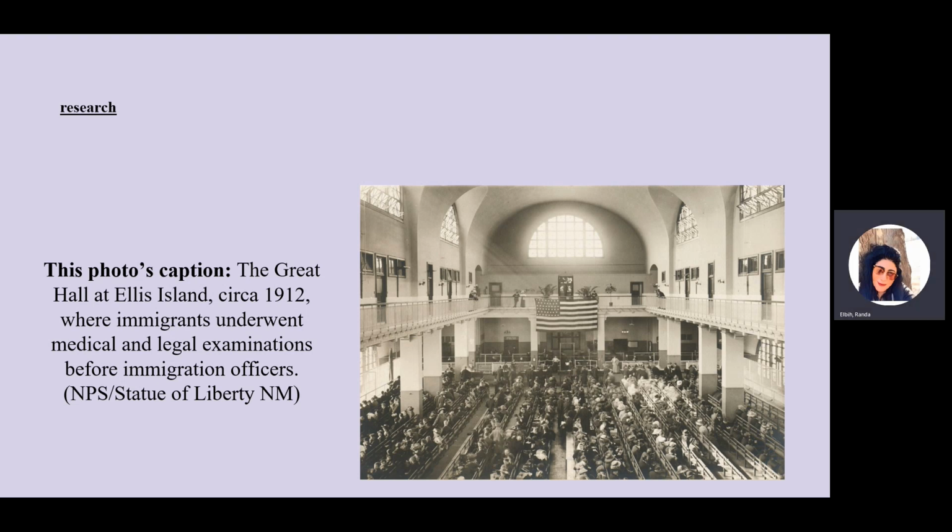So some questions we might ask here are, where is Ellis Island? Where in Ellis Island was this picture taken? What countries did these immigrants originate from? What was the process of immigrating to the United States during this time in history? But what are some questions you would ask yourself about the picture as well?